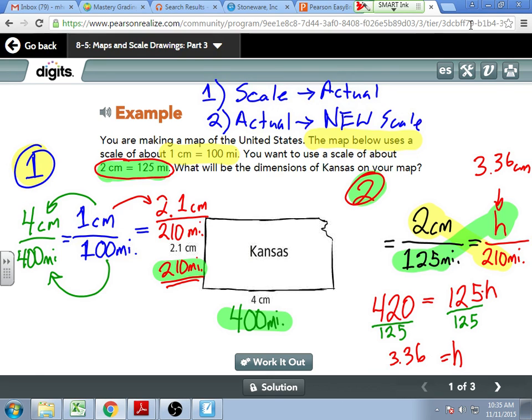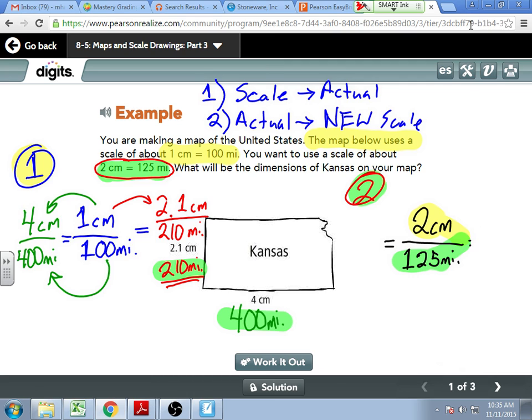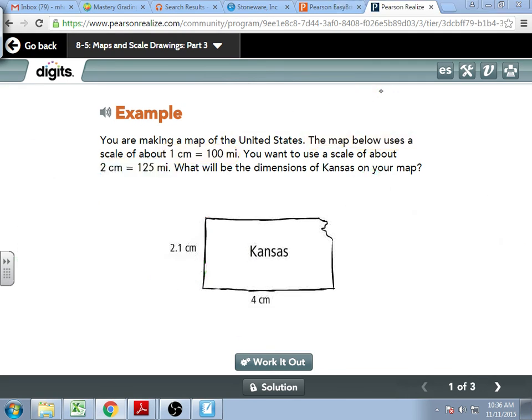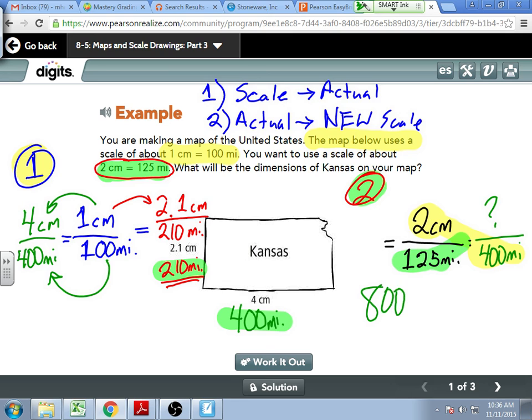Real quick, because then we got to go. Sorry, I'm just trying to get you guys out of here. I can do the same thing to figure out the length of the state. If I take that proportion and take my 400 miles now, and I don't know how many centimeters, so I would cross multiply again. 2 times 400 gives me 800, which will equal 125 times L, we'll say L for the length. We divide by 125, and that's 6.4.